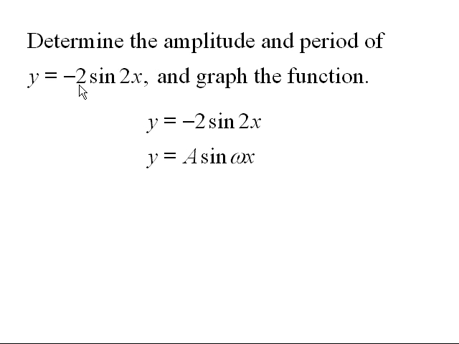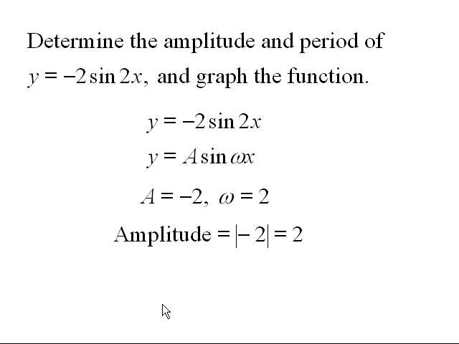So compare this template, minus 2 sine 2x, as it was given, to a general sinusoidal curve, A sine omega times x. And you see you could identify A as the coefficient out front, minus 2, and omega as being 2. So the amplitude, we'll take to be the positive value, the absolute value of that coefficient, 2. So we're going to be scaling 2 units up and down from a rest position instead of 1 unit.